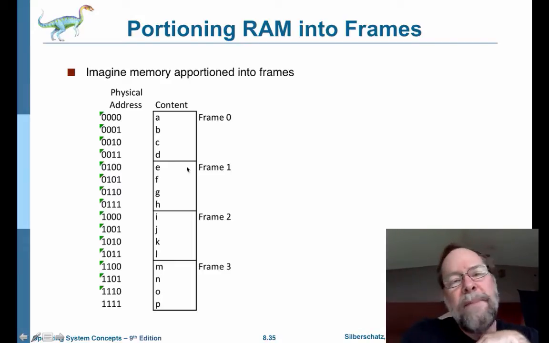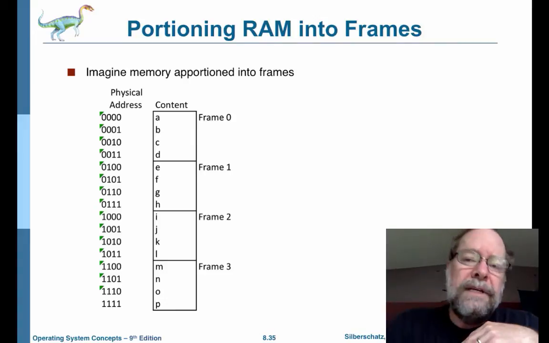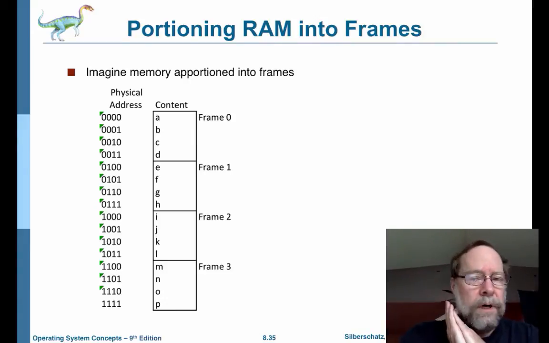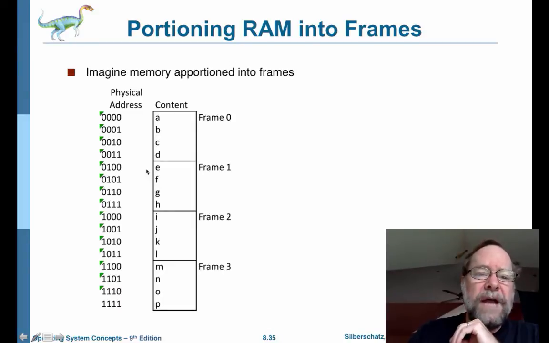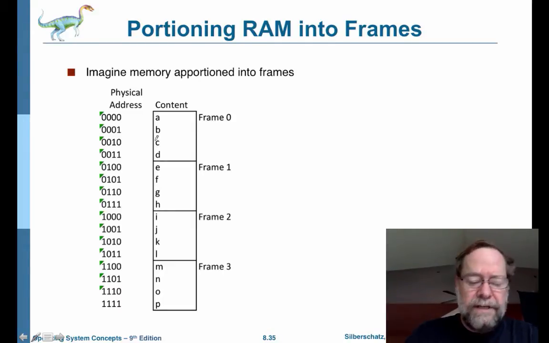So if we partition this physical memory into frames, let's say that each frame consists of 4 words. So a power of 2, a very small power of 2, but 4 words. I basically just wrapped a black box around each of the different frames of memory, and on the right-hand side I've labeled the frames: frame 0, then frame 1, frame 2, and frame 3. We still have our same physical addresses listed over here.